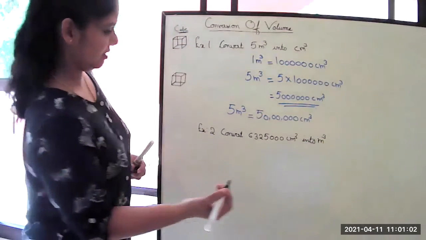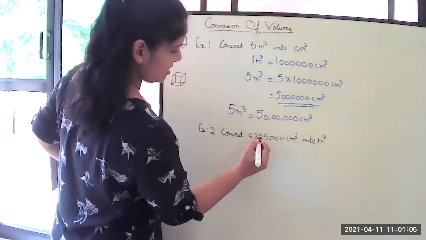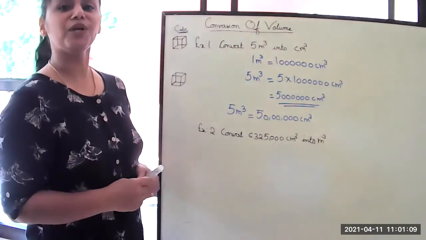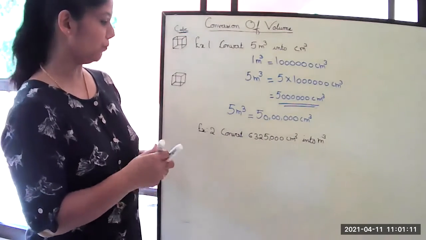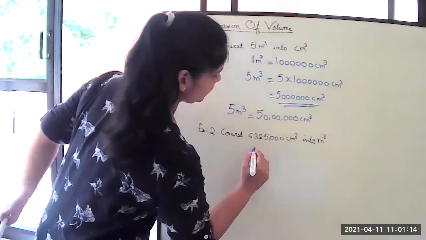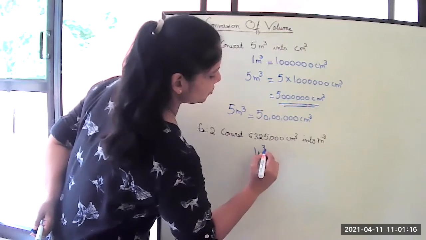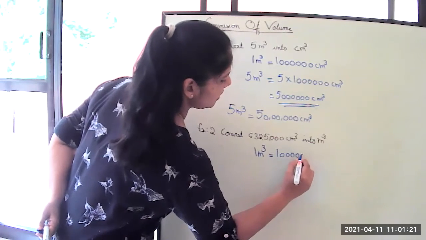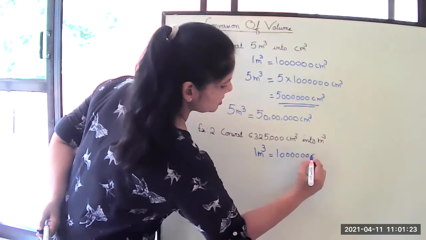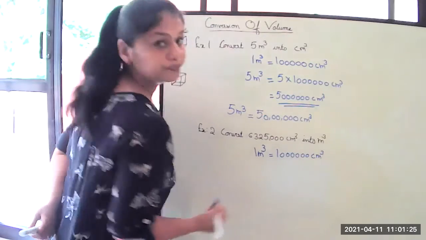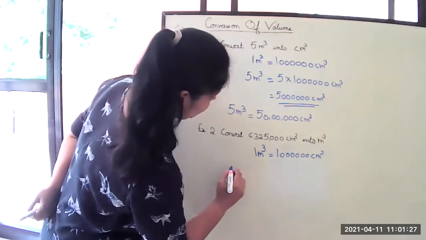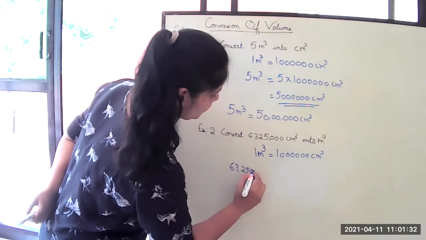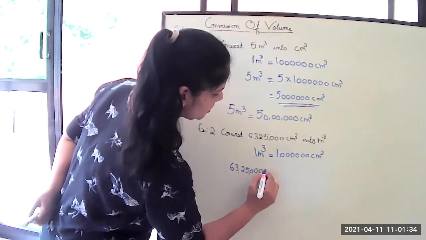Convert 63,25,000 centimeter cube into meter cube. Again, we will write 1 meter cube is equal to 10 lakh centimeter cube. Write our question 6, 3, 2, 5 and 3 zeros.